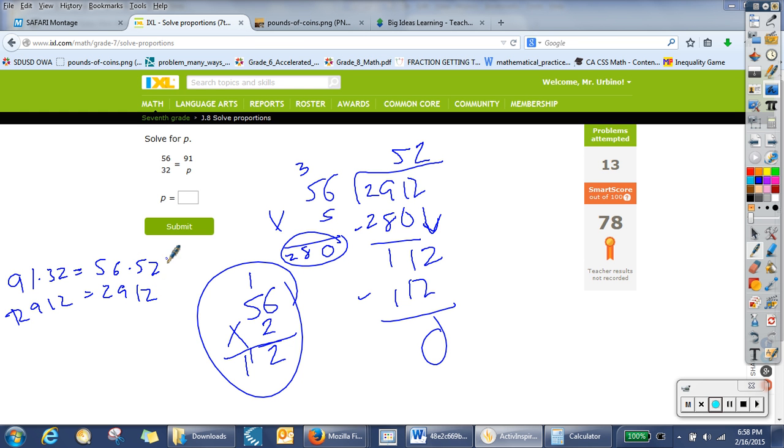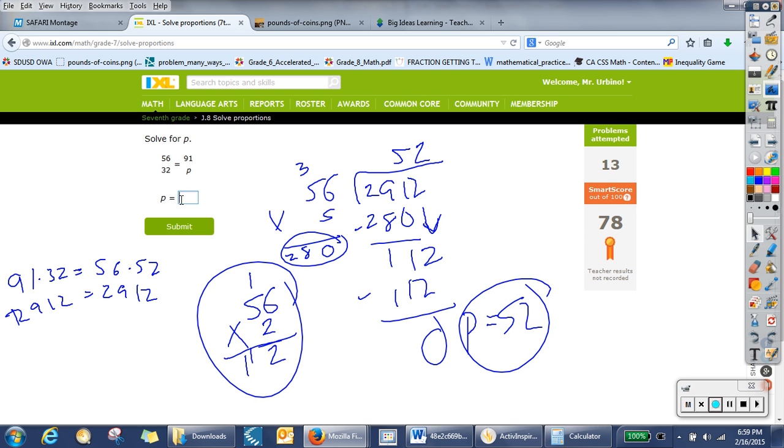If I multiply these out together, that's what numbers I would get. Alright, so let's plug it in. What p is equal to. And for our example, p is equal to 52. And that will take you to 80.